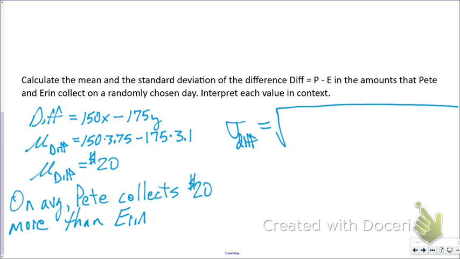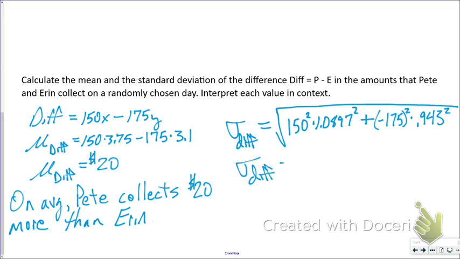It is still 232.27. But what you do is you go 150 squared times 1.08 squared plus, I know there's a minus sign in there, I'm going to use that coefficient and square it. So negative 175 squared. So no change. We get the same exact standard deviation.